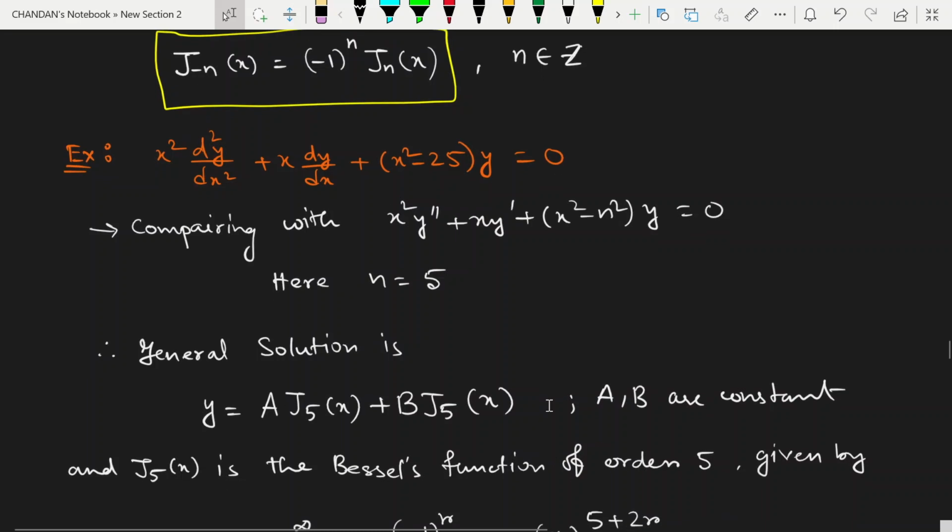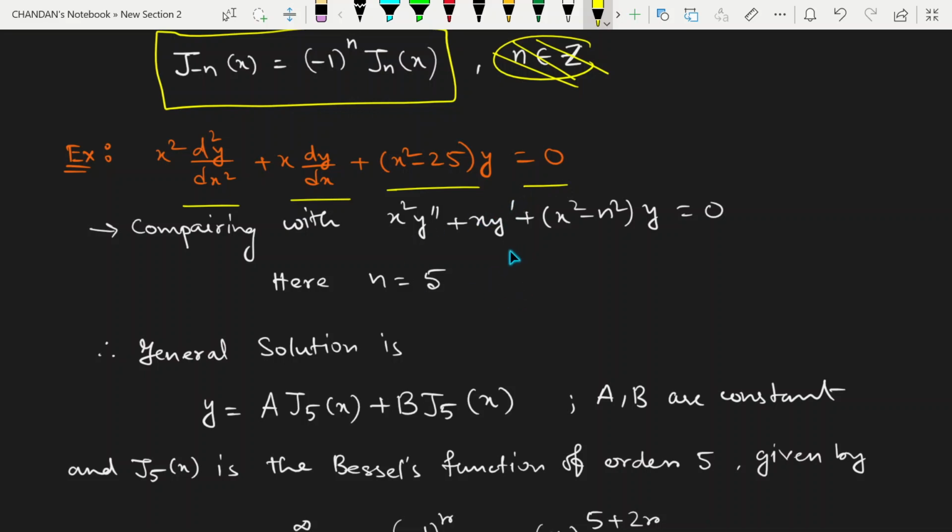Now see what the example says: x square d2y by dx2 plus x dy by dx plus (x square minus 25) y. If we compare this with the equation x square y double dash plus x y dash plus (x square minus n square) y, then we get the value of n equal to 5.